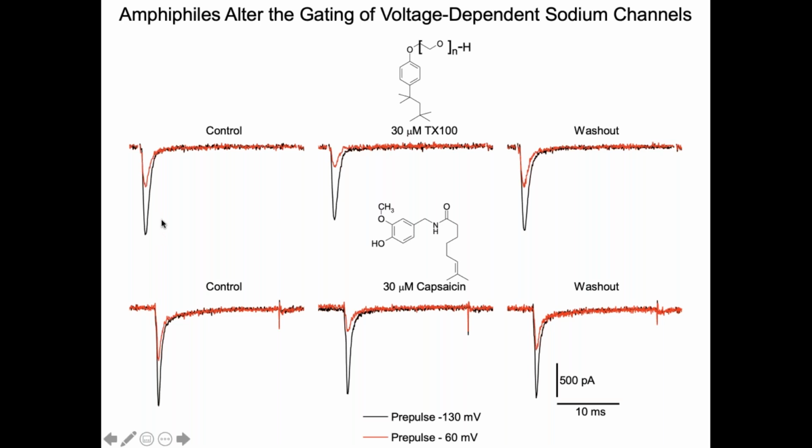And the way we did these experiments was that we tested for sodium channel function following a depolarization to 0 millivolts, but from a potential of either minus 130 millivolts, where the inactivation, which is an important part of normal sodium channel function, has been eliminated, or from a potential of minus 60 millivolts, a potential at which the sodium channels are pretty strongly inactivated.